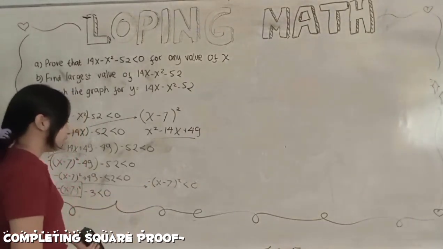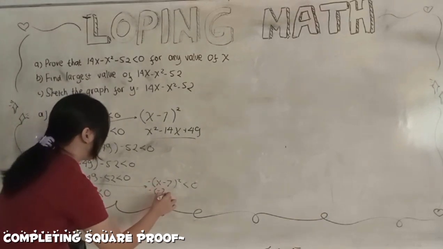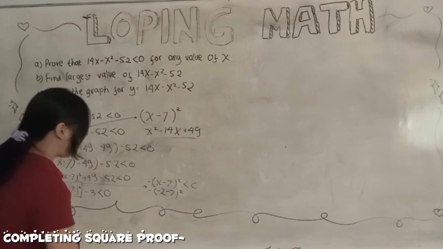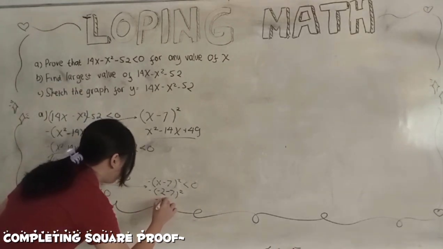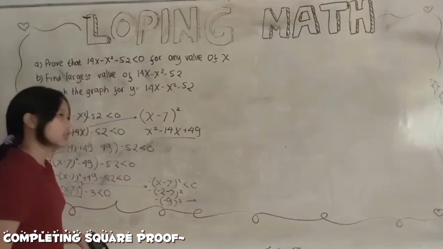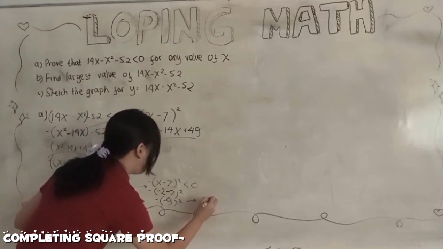For example, if you substitute minus 2 here, the x will be minus 2, minus 7 squared. Okay, we then solve it. It will be minus 9 squared. So this will be minus 9 squared, which is minus times 81, right?